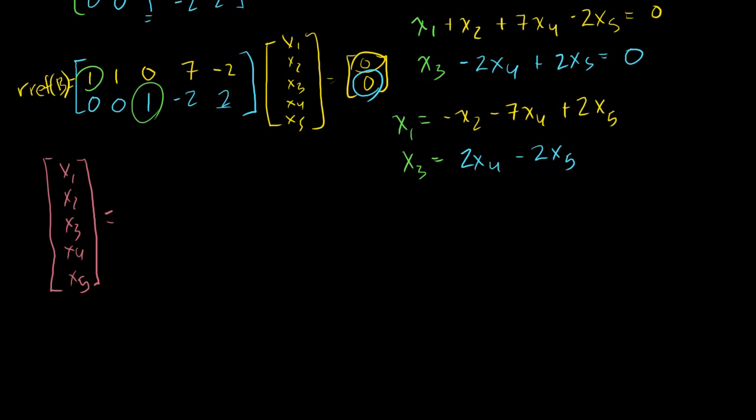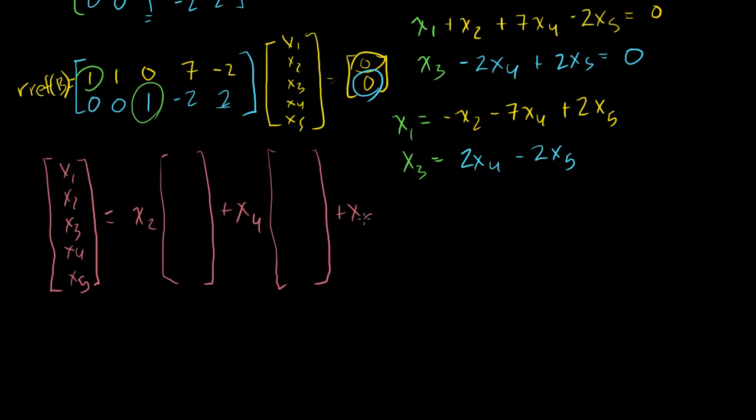The free variables are x2 times some vector, plus x, what is x3? No, x3 is not a free variable, plus x4, that's my next free variable, times some vector, plus x5 times some vector. And what are those vectors? Well, let's see.